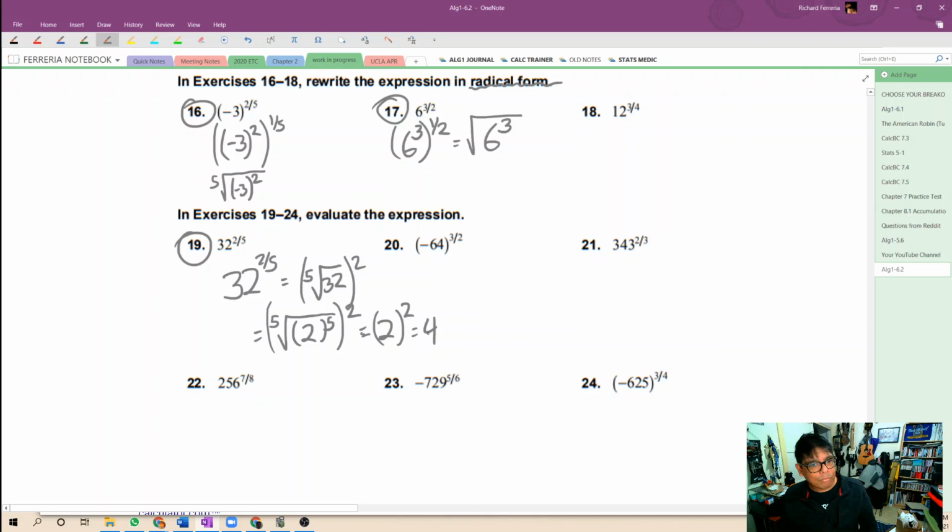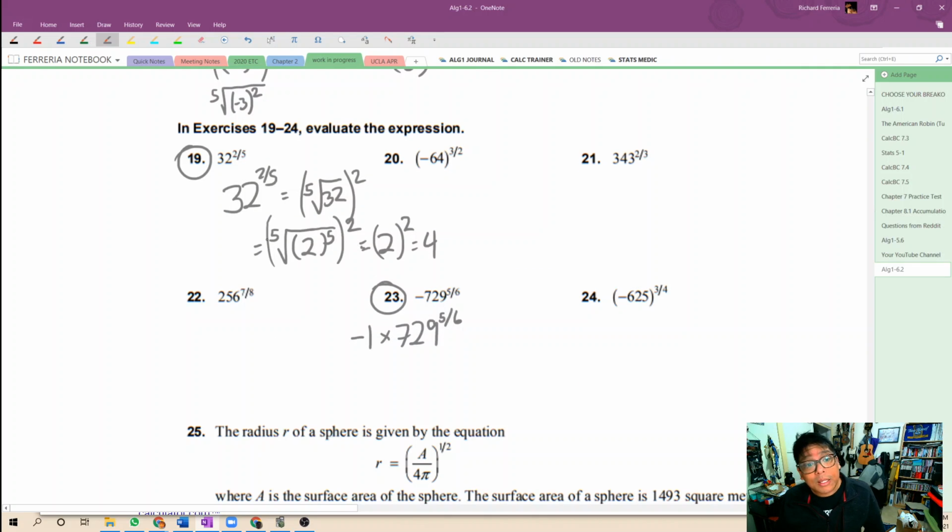Okay. Let's do 23 because this is kind of confusing. Now remember what I said before with the negatives? This is actually -1 multiplied by 729 to the 5/6 power because of the parentheses. Okay, it's probably easier to do the root first.